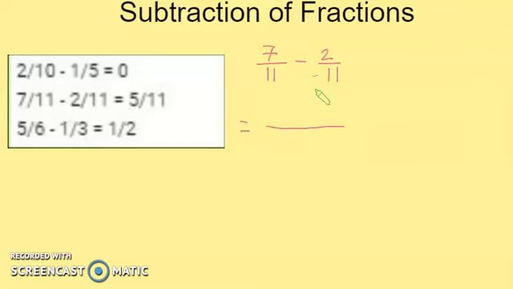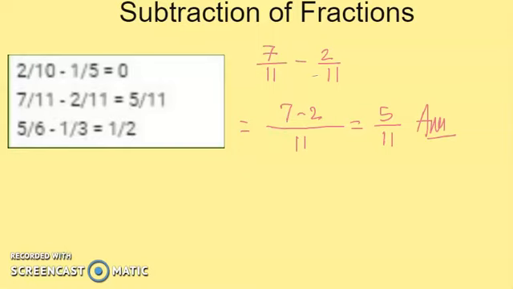Then the next step would be just to put down the denominator at the bottom and subtract the numerators, that is 7 minus 2. 7 minus 2 gives you 5 over 11, and that is our answer. So if you are noticing carefully, we have to just put the negative sign, and all the steps are similar to the steps as we did in addition of fractions.